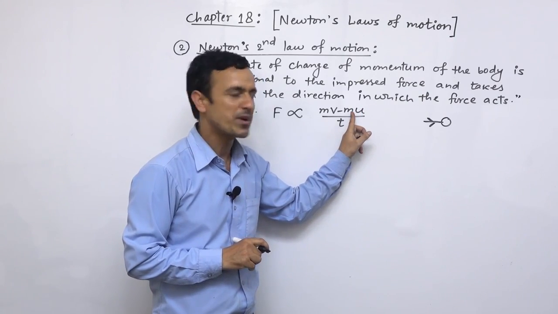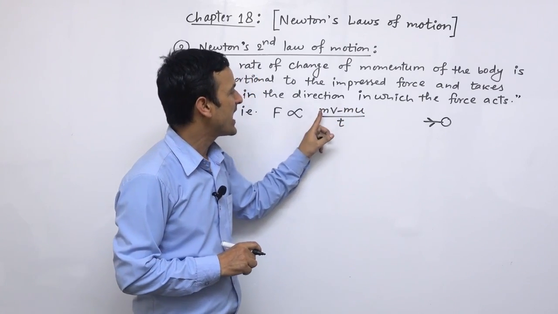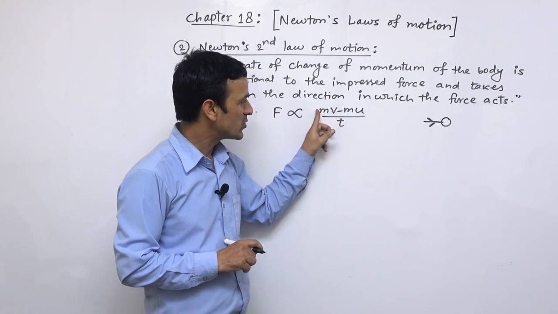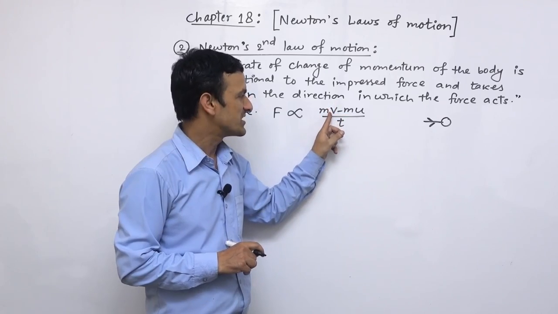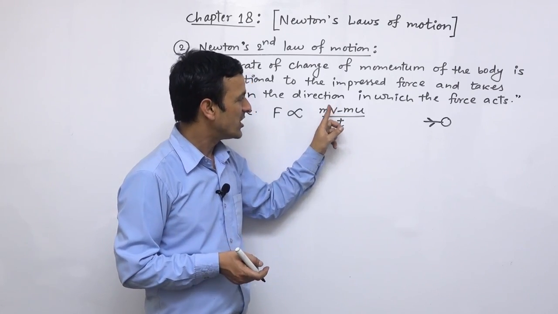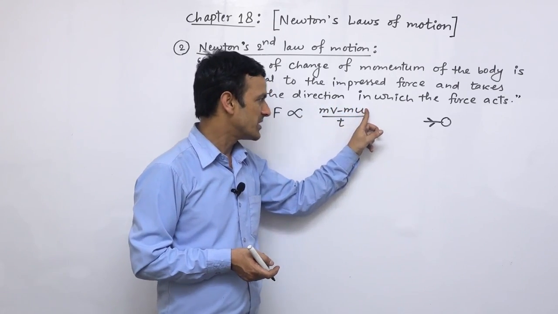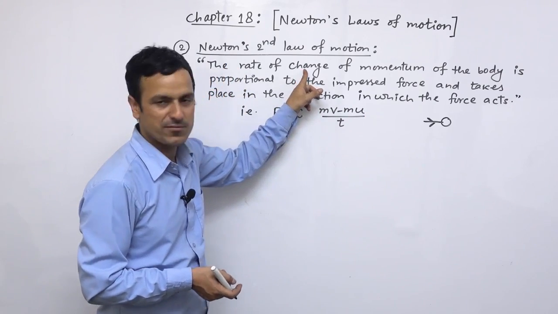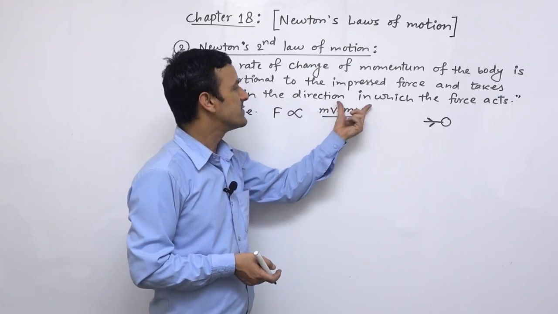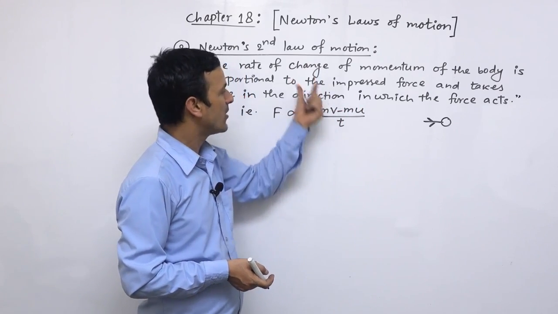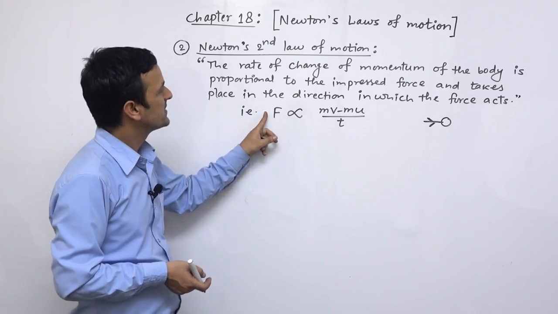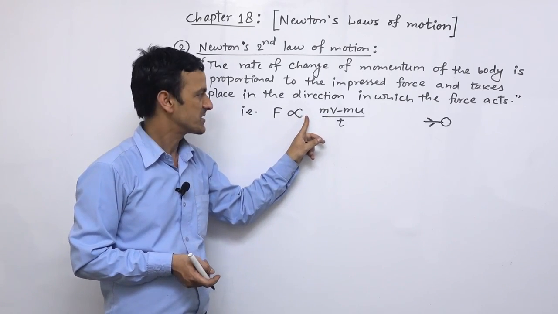The final momentum of that body is m times v, that is also mass into velocity. If you subtract initial momentum from final momentum, then it will be the change of momentum of that body, divided by t. So per time, or per rate, we can observe this is directly proportional to the force.